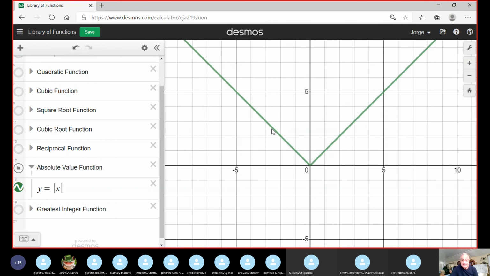But the range, no. The range is the y value, and when you project any point on the curve onto the y-axis, only the positive values are valid. The negative values are totally illegal. Therefore, the range is bracket 0, infinity, positive and never negative. This is the absolute value graph.